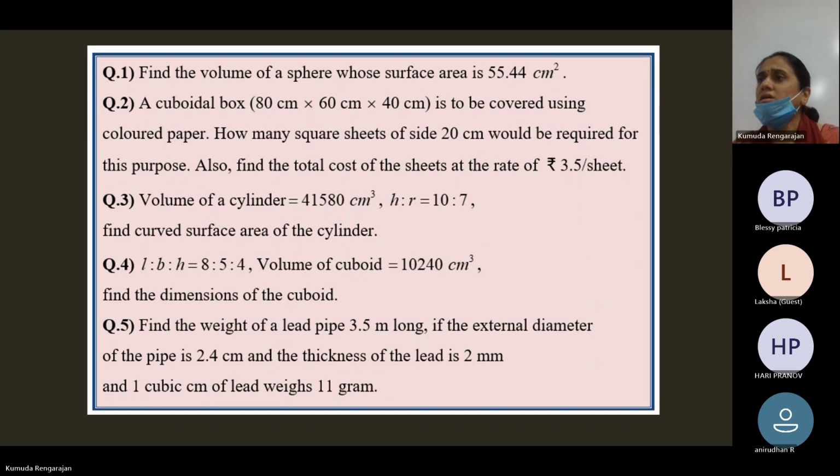Oh. 4 by 3, what have we written? 4 by 3 into 22 by 7 into... no, I'm asking for the first one. 4 by 3 into 22 by 7 into 2.1, right? Okay, we'll check that later. That should be 38.808. Okay.